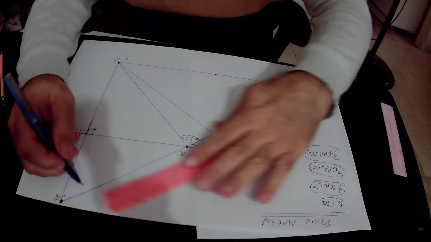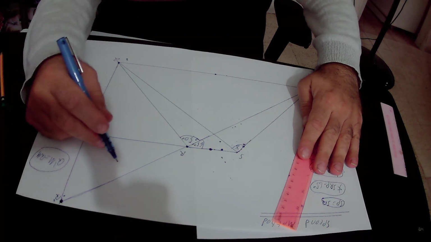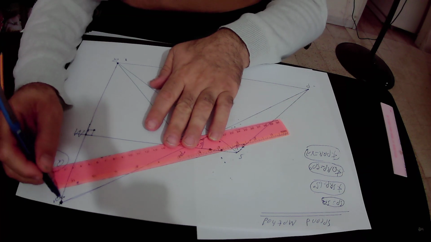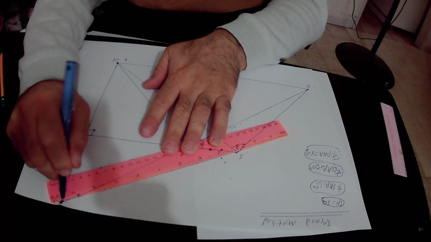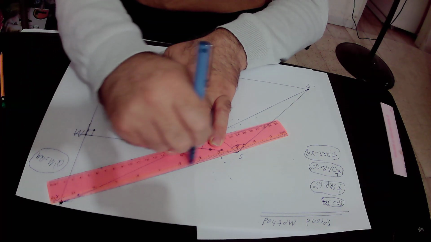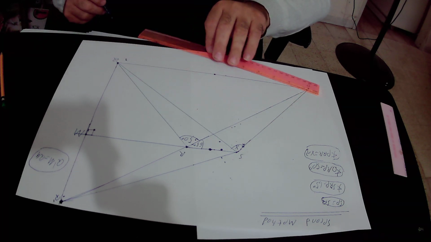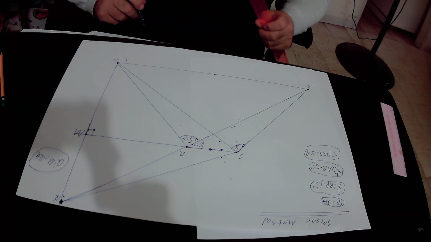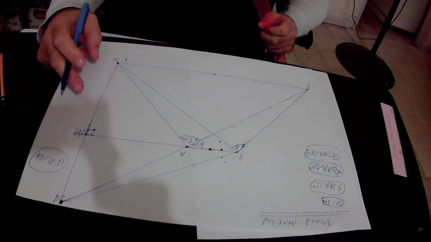And we will join together points Q dash and S by a straight line. Again Q dash M equals QM according to our construction.